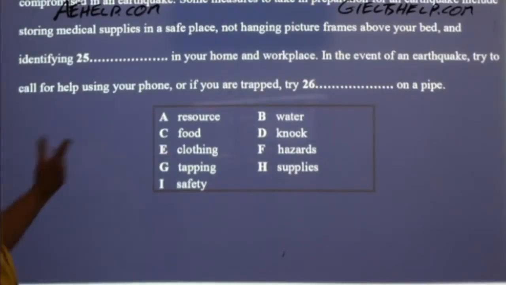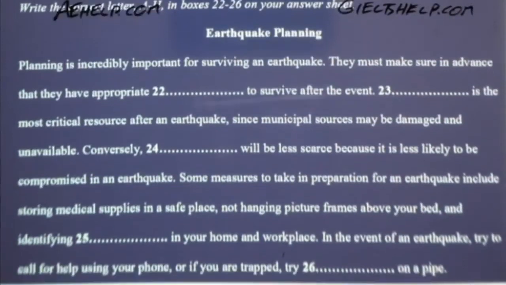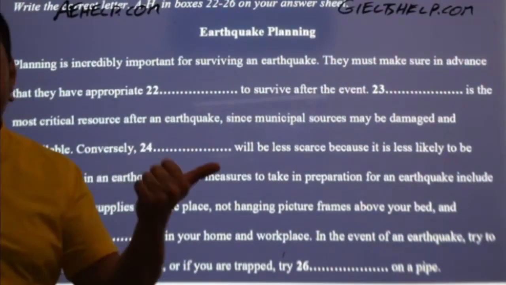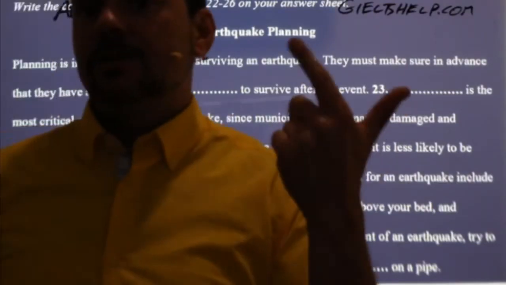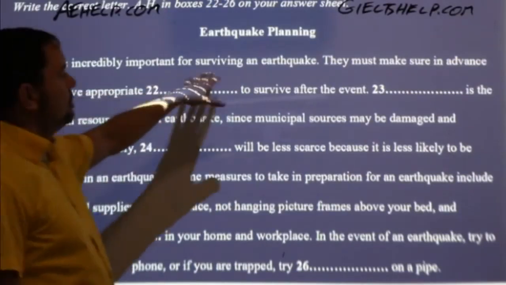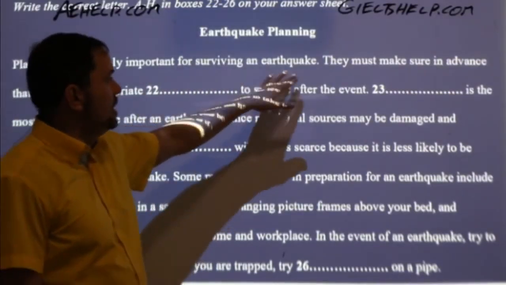So again, the trick is the same as what we just did. Read it, think about the correct answer, and then choose. So read, think about your answer, then choose. Okay? All right. So planning is incredibly important for surviving an earthquake.